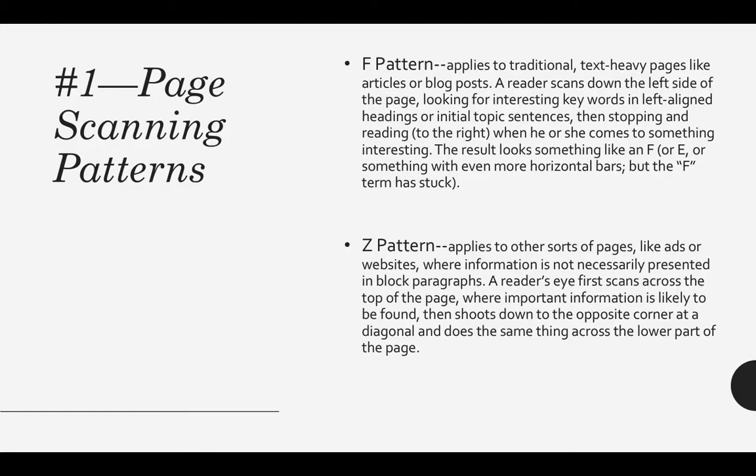So the first thing you really need to consider is how do you want the audience to scan your page? There are 2 main types of page scanning patterns that advertisers will use.